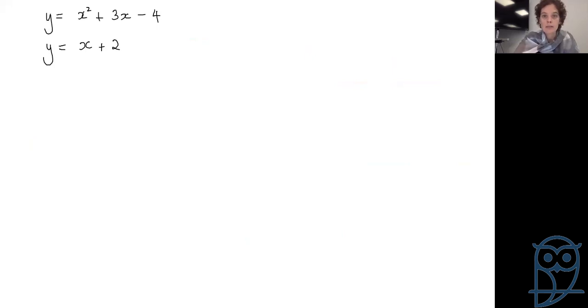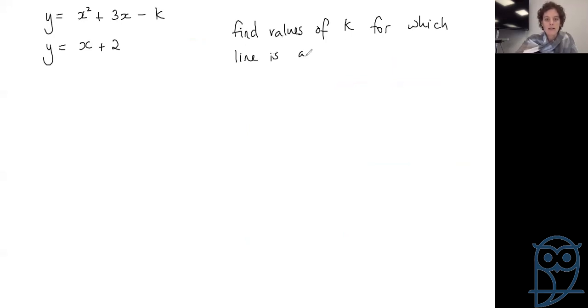Oh, wait, we should be a little bit clever, because they like doing this. So y equals x squared plus 3x plus k. And then they say something like find values of k for which the line is a tangent to the curve.